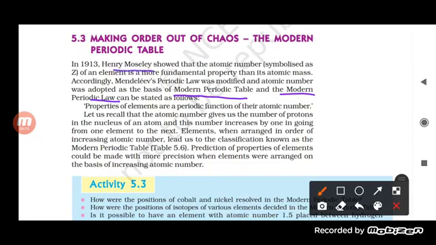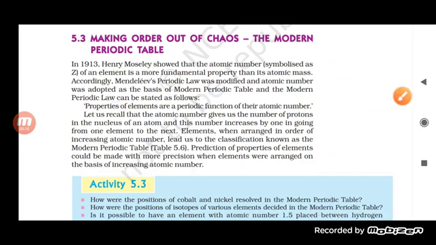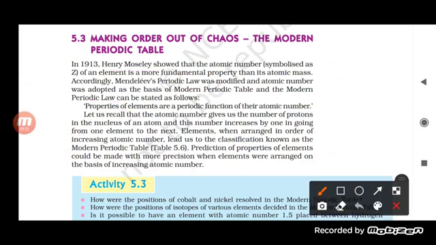The modern periodic law states as follows: properties of an element are a periodic function of their atomic number. That is the modern periodic law.